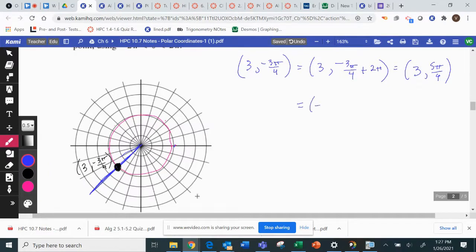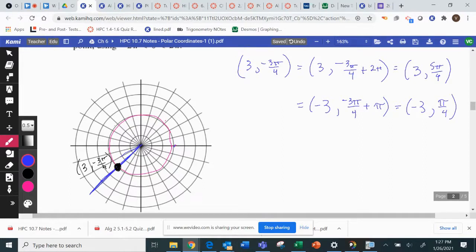We could also do negative 3. So we could use the second equation. And we can take any odd value of pi. We could add or subtract it. So let's just add pi. So if I have negative 3 pi over 4 plus pi, what do we get? Pi over 4.